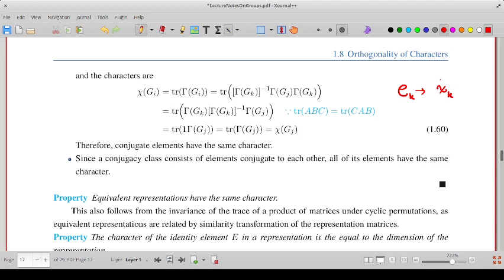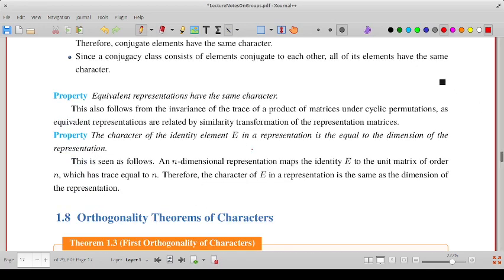And if this is a character in an irreducible representation gamma alpha, we may also put a superscript alpha here to indicate that it is the character of the class Ck in the irreducible representation gamma alpha. So another property is that equivalent representations have the same character.